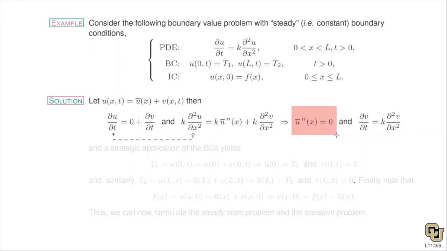The formal solution. What was the question again? So if U bar double prime of x equals 0, then is that either quadratic or linear in x? Is that the implication there? Well, it won't be quadratic. It will be linear in x. That's definitely the implication there.